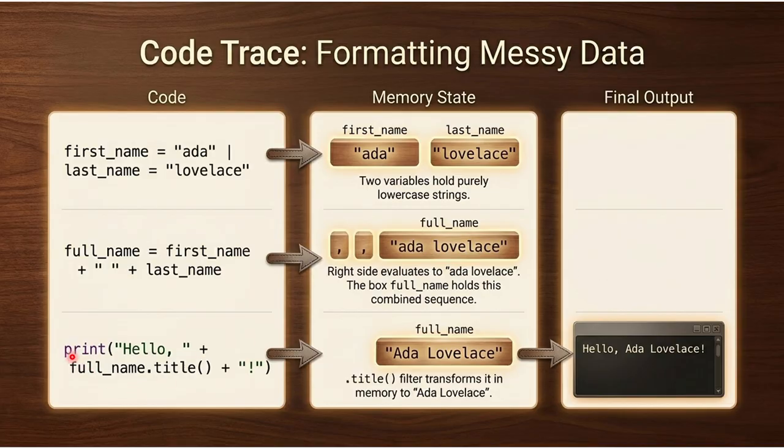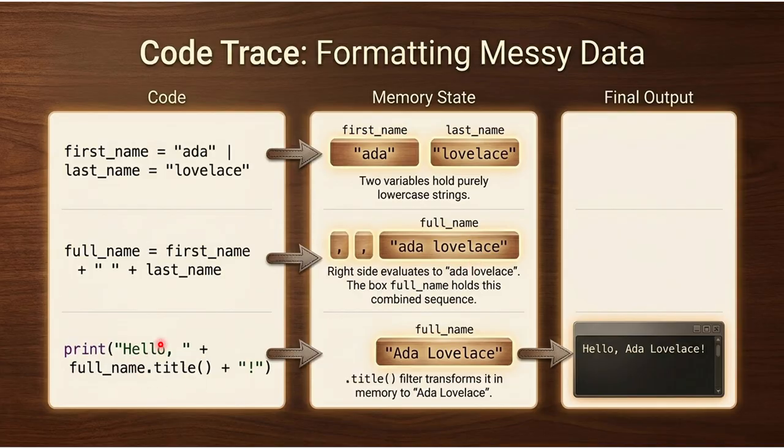After that, in this last statement, we printed hello, comma, space, plus full name dot title, plus an exclamation sign. So how does it do that? First it prints hello, comma, and this exact space. After that, we have a plus and full name. So what is this full name?